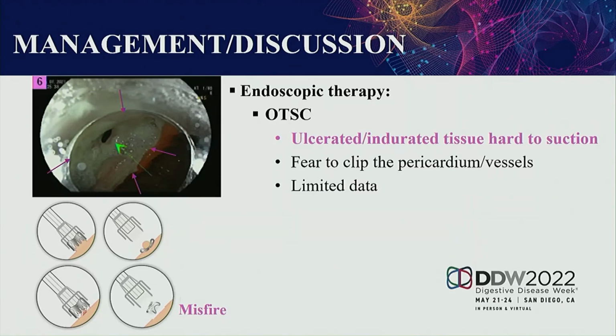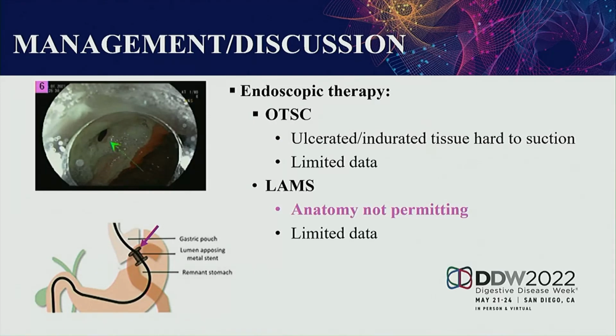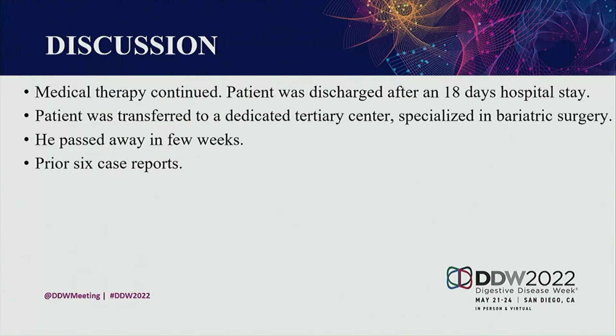Then we thought about placing a lumen-apposing metal stent, but due to the altered anatomy, this wasn't possible either. In addition, both of those options have very limited data or literature supporting them. We also thought about vacuum therapy, but unfortunately we didn't have this technique at our institution. So we decided to continue medical therapy.